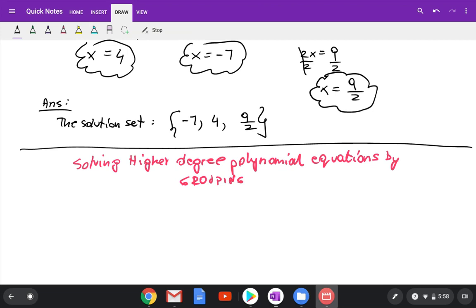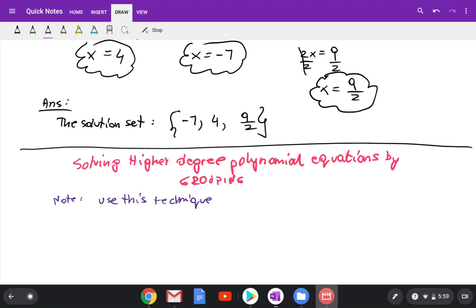Let's write down a note. Use this technique, and again, it doesn't have to be a higher degree polynomial. It can also be quadratic.